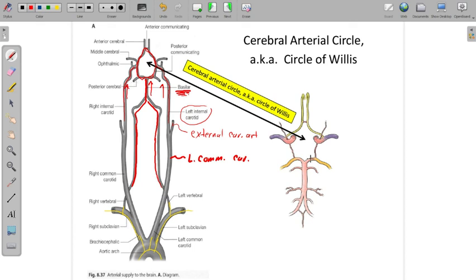On the right side is an enlargement in color of that circle of Willis. So you should be able to identify the arteries and the branches from the other figure. So they're the same. You get the idea with the arrow. Now the idea is that you're supplying the brain. The cerebrum is the largest portion of the brain.